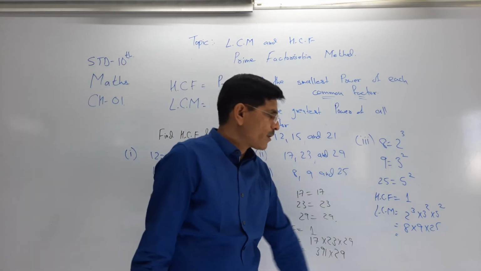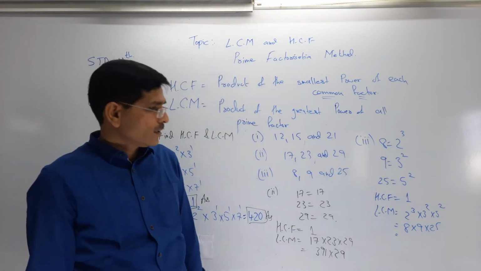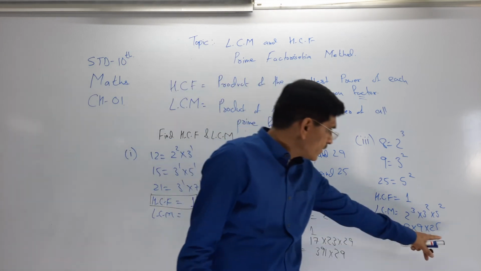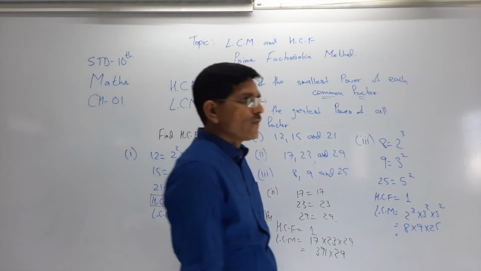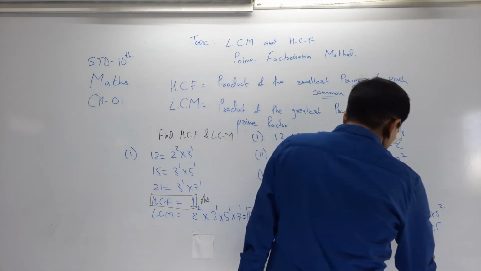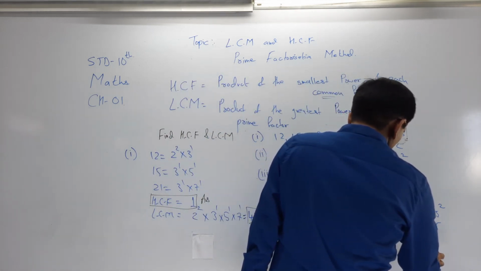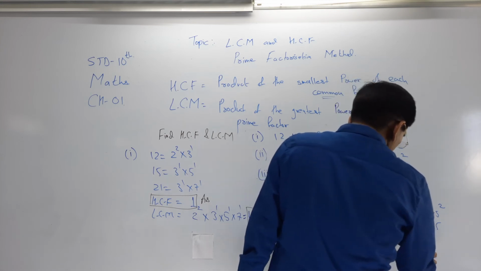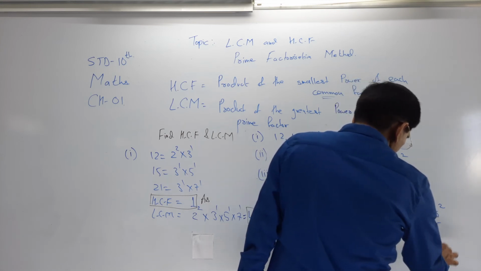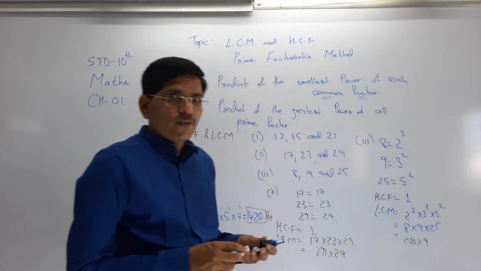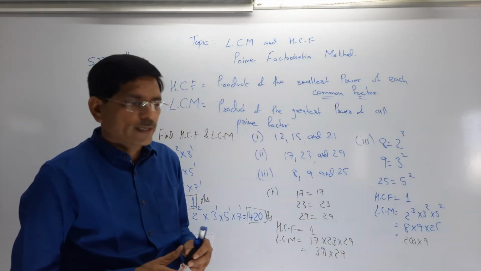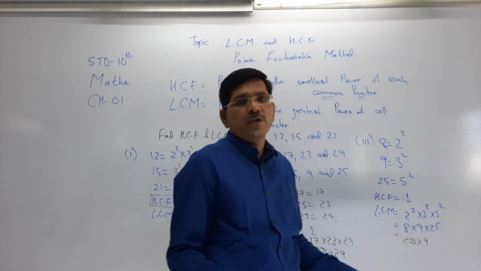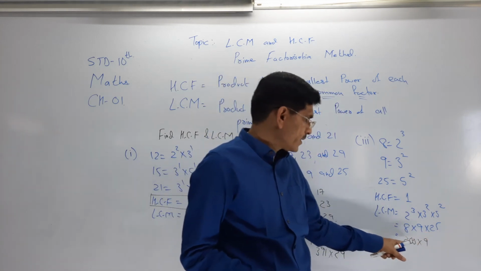Here if you see properly, HCF is 1. 8 9s are 72. That way you can do it: 25 8s are 200, into 9. 25 4s are 100, if you double it then 200, into 9.